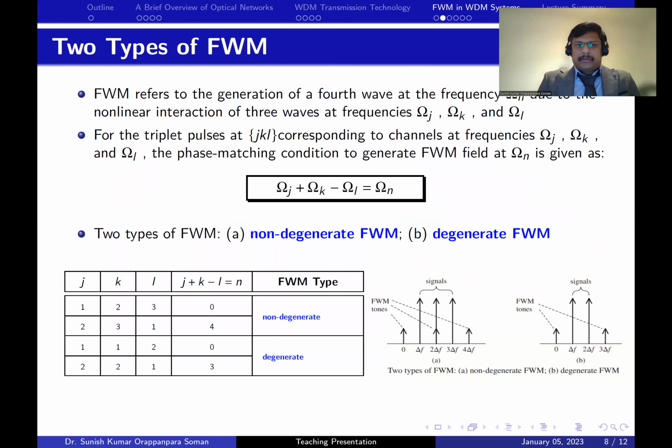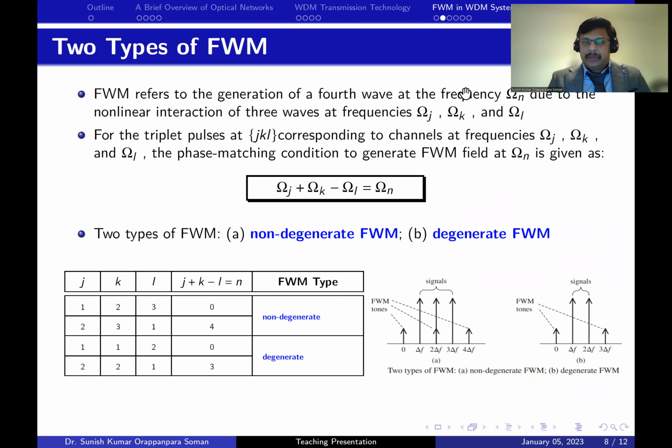There are 2 types of four-wave mixing problems. Essentially, as we discussed in the previous slide, four-wave mixing is a nonlinearity issue. It is generated because of the nonlinear beating between 3 frequencies, let's say omega j, omega k, and omega l. According to the phase matching condition given by this equation, omega j plus omega k minus omega l is equal to omega n.